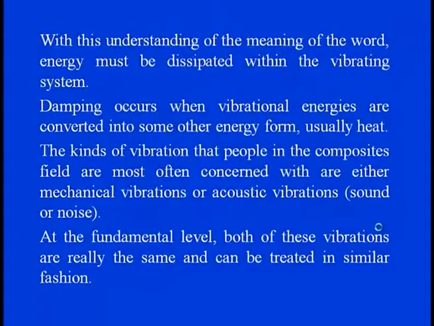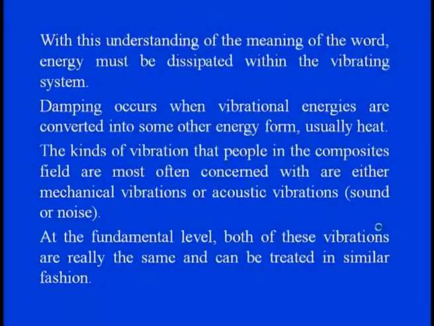With this understanding of the word damping, the energy must be dissipated within the vibrating system. Damping occurs when the vibrational energies are rapidly transformed into some other form of energy, and sometimes the energy coming out from the source is in the form of heat.